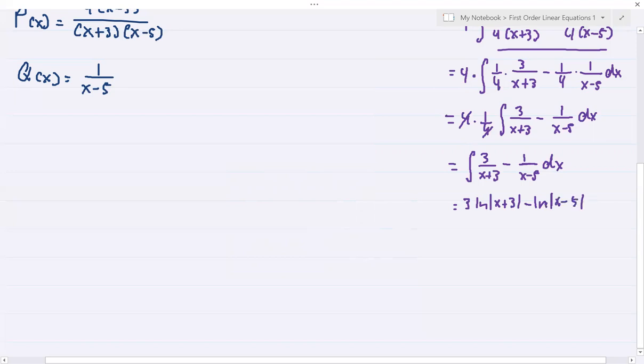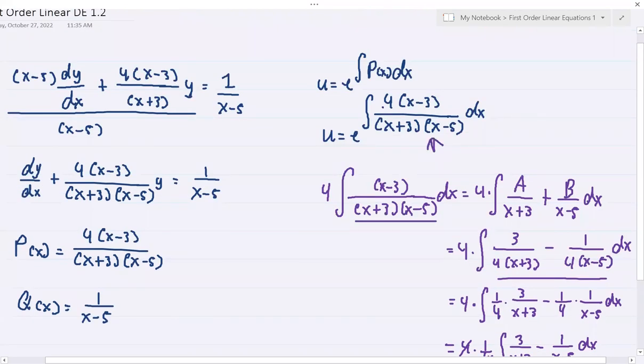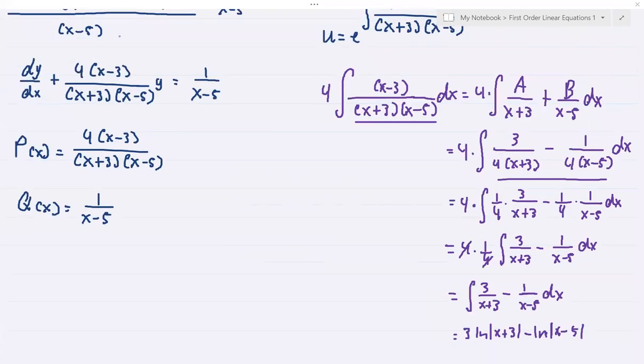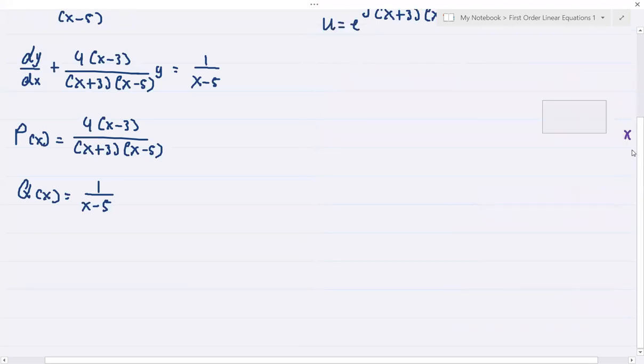That's the integral for this one. Since we already got the integral, we can now substitute it here. So we will have this, copy, and we will remove this one.